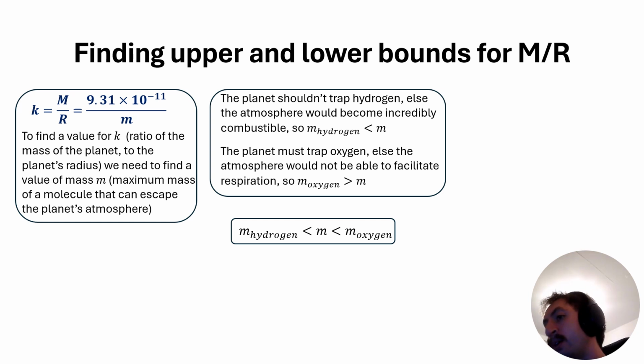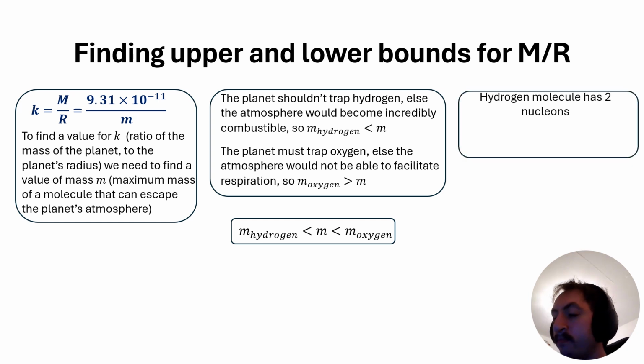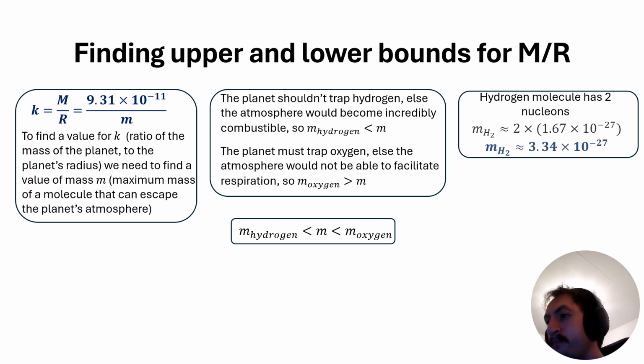So if we look at hydrogen, a molecule of hydrogen is a diatomic molecule, so it's got two hydrogen atoms. Each hydrogen atom has one nucleon, so one particle in the nucleus, and it's really the nucleus which is making up the mass of our atoms or our molecules. So the mass of hydrogen is, to an extremely good approximation, the mass of two nucleons. I'm taking a nucleon to be the mass of a proton.